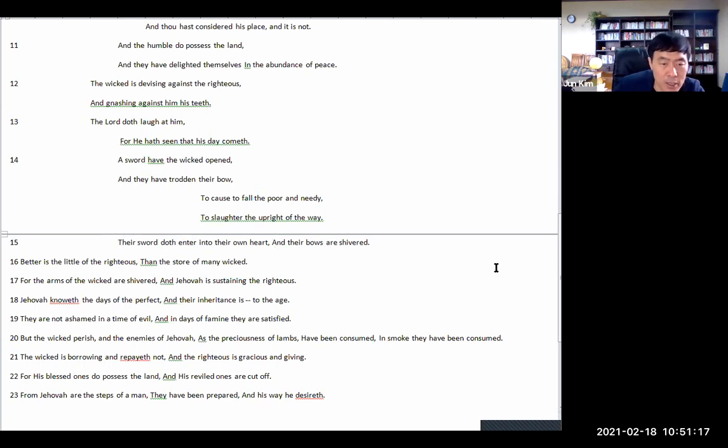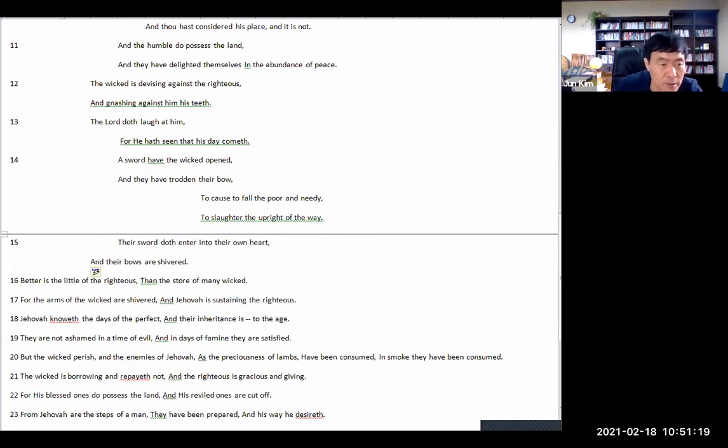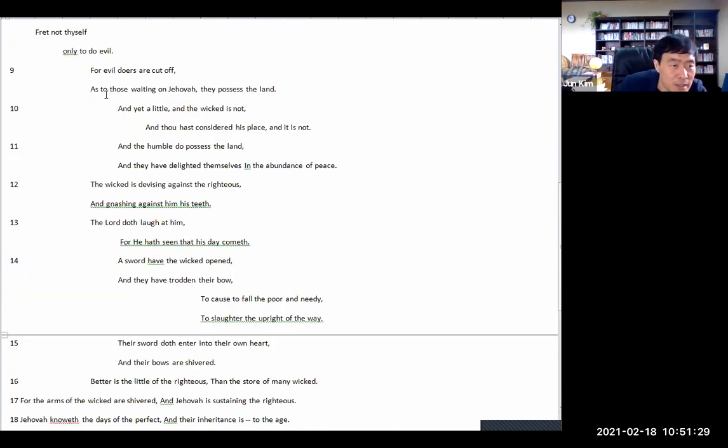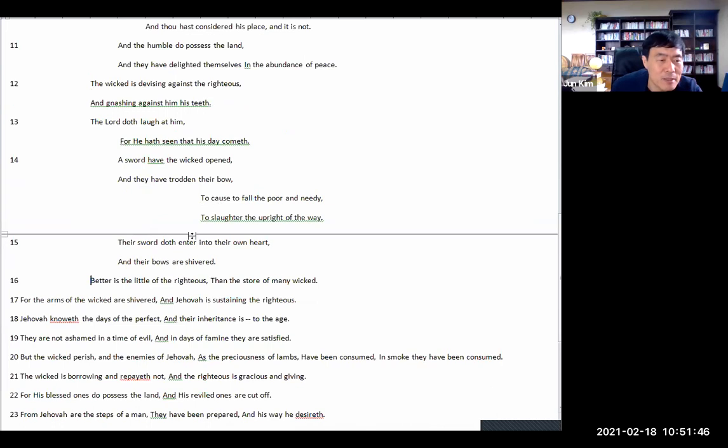And their bows are broken. So this one is on the same level. So I think this one belongs to this line. The wicked is... for evildoers are cut off, and those who are waiting for Jehovah will inherit the land. The wicked is devising against the righteous, but the Lord laughs at him because of this.